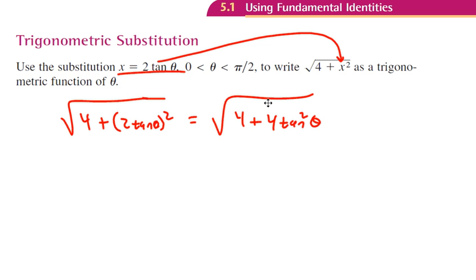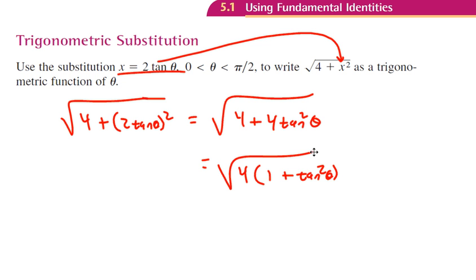Both of these terms have a 4 in common, so I'm going to factor out a 4. So it's going to be the square root of 4 times 1 plus tangent squared theta. Look right here: 4 times 1 is 4, and 4 times tangent squared theta is 4 tangent squared theta. So this expression is the same thing that's on top right there.